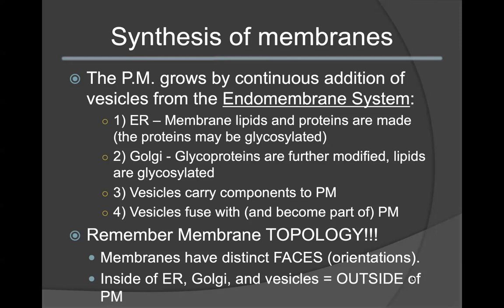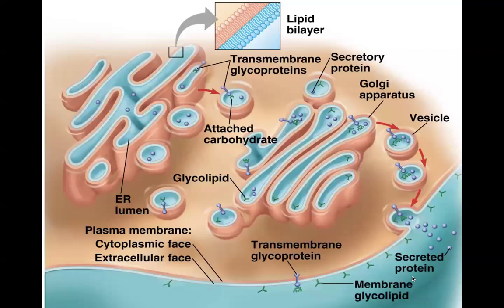Similarly, if we have a protein that is embedded in that membrane that is traveling in that vesicle, that will then become part of the plasma membrane itself. If you take a look at this image here, this illustrates the concept of topology and protein trafficking. So we can see that in the middle of the lumen of the ER, we have these globular proteins.